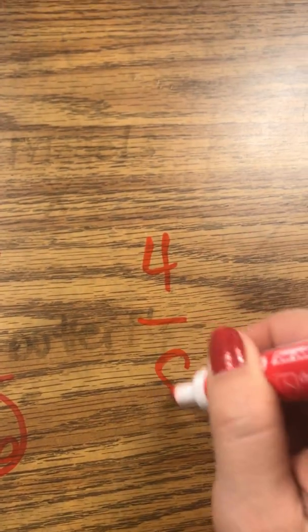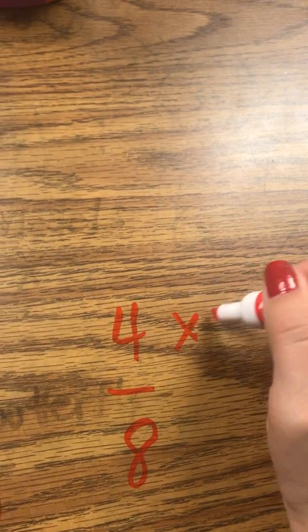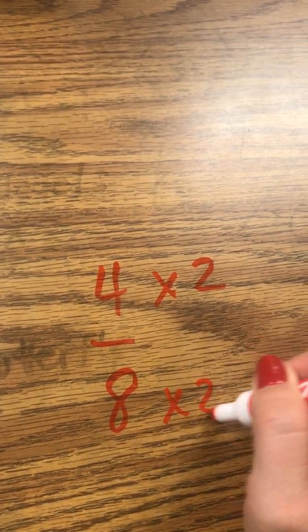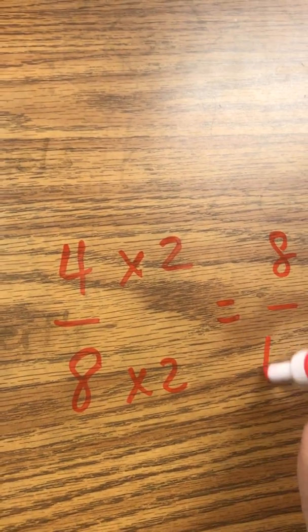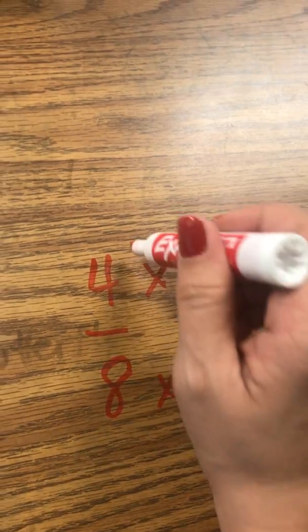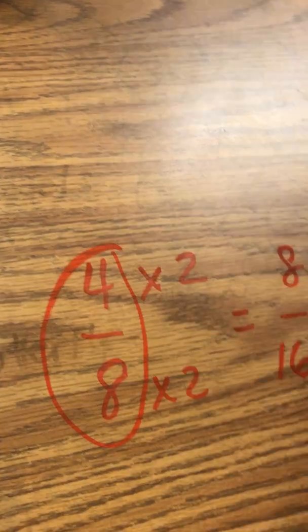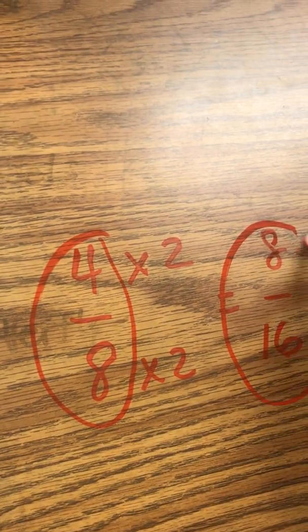Another method you could use would be to multiply. So if I were to give you 4/8, if I multiplied each the numerator and denominator by 2, that would give us 8/16. So that would mean that 4/8 is equivalent to 8/16.